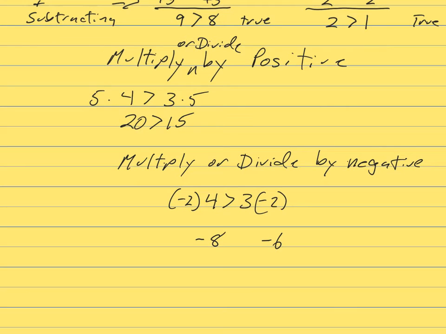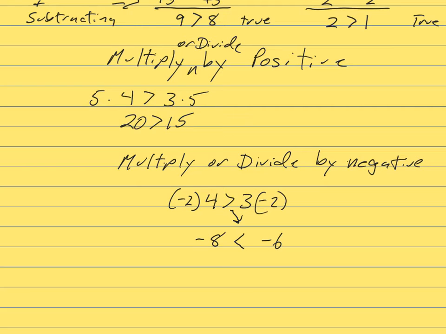Now, you should recognize that -6 is actually larger than -8. So multiplying by a negative or dividing by a negative will result in the inequality being flipped.